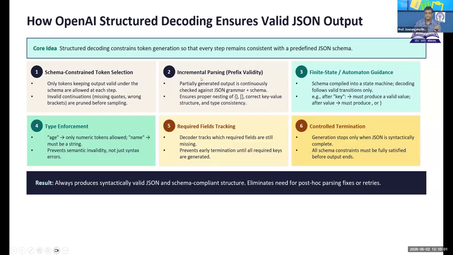Then of course it does incremental parsing, so it checks the prefix validity. If the prefix is not valid, it discards that generation, and it does multiple such generations. These multiple generations are then also compared to a finite state automaton, and they track the state of this schema controlled generation.